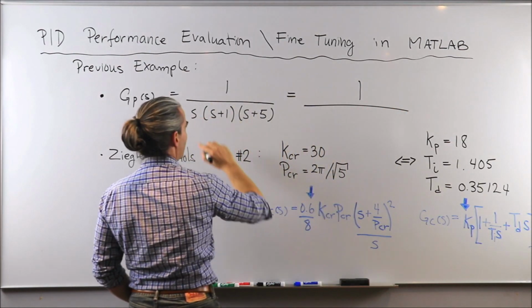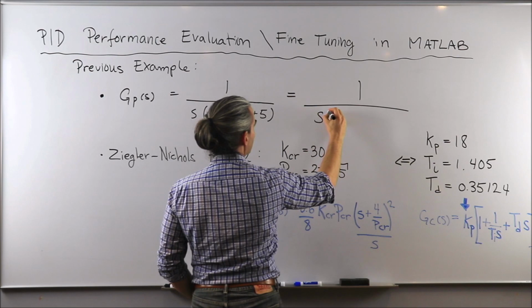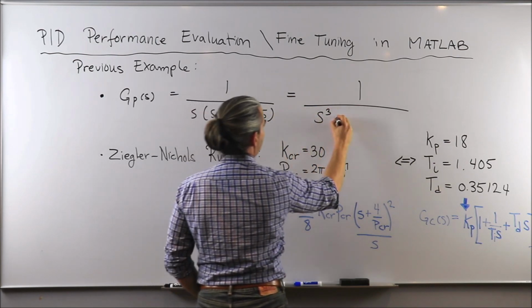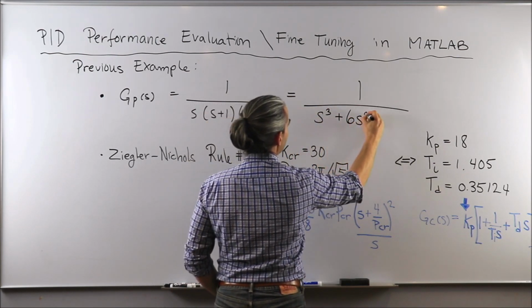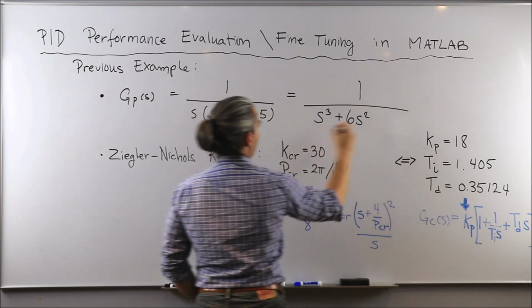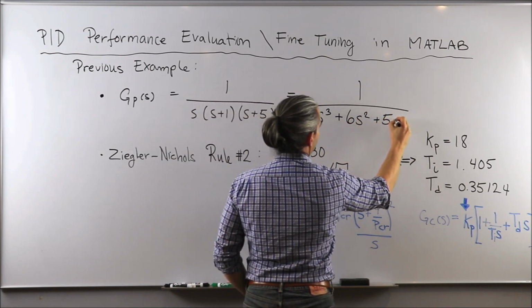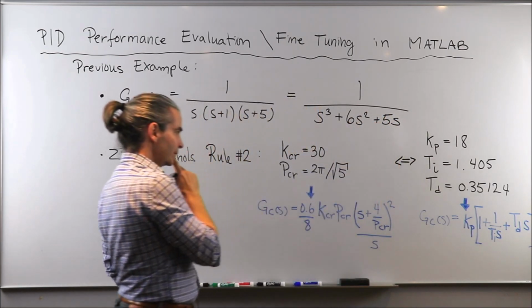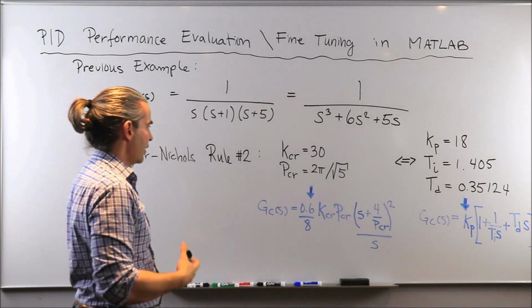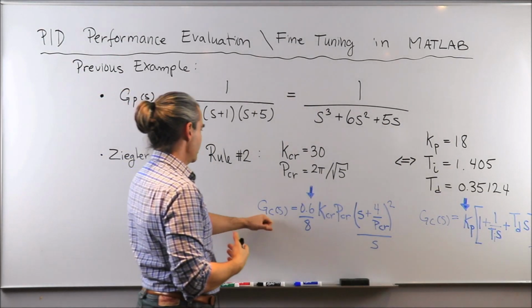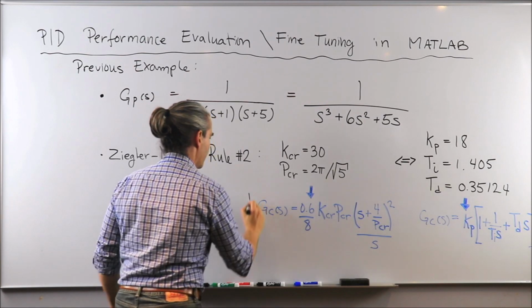So I'm just going to multiply everything out here. That's going to give me s cubed plus 6s squared plus 5s.